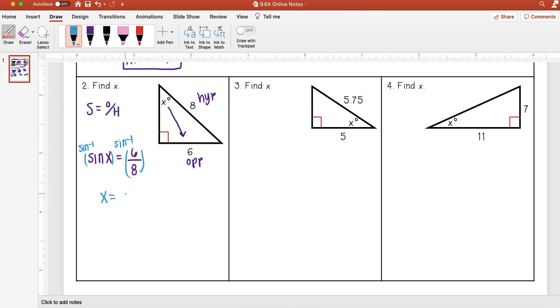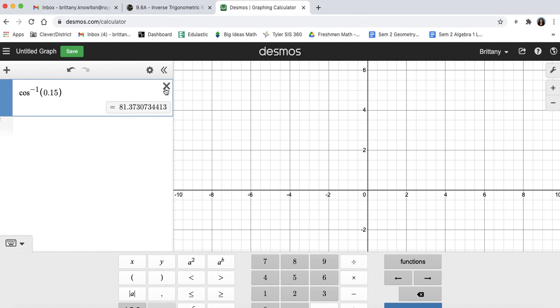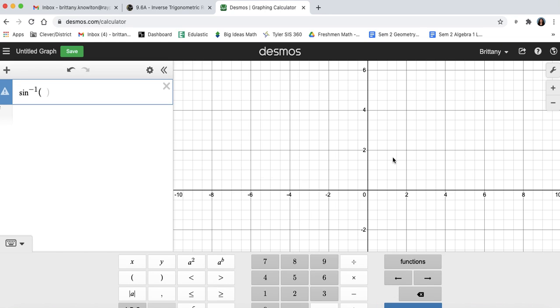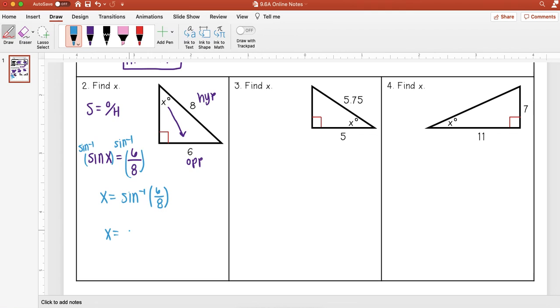So that x is equal to sine inverse of 6/8. So heading over to Desmos, I'm going to click on sine inverse of 6/8. And rounding to the nearest tenth, that means I get 48.6. So my missing angle here is 48.6 degrees.